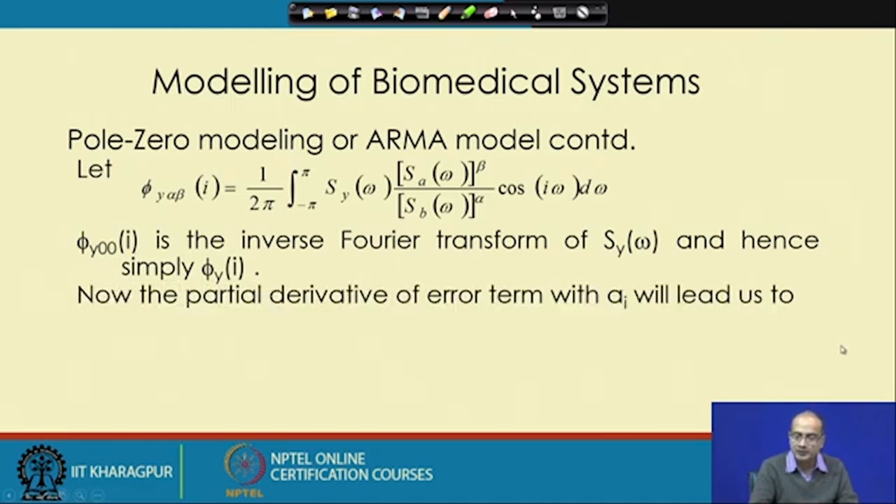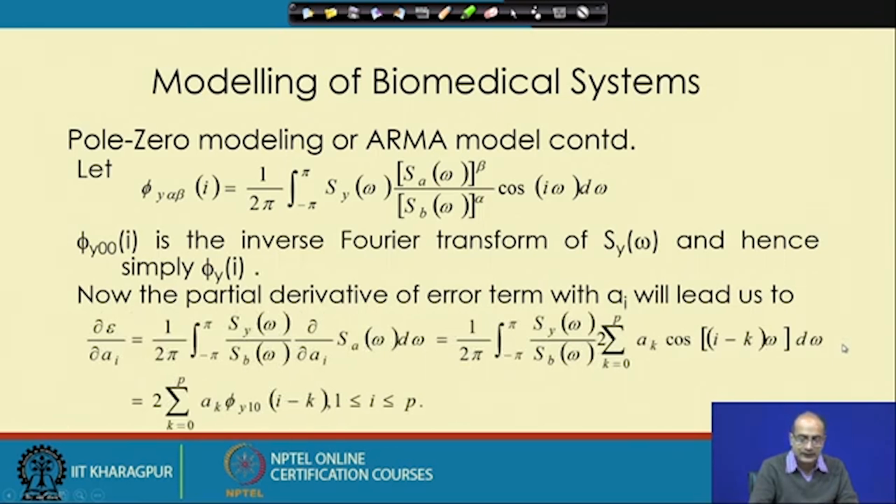Now, the partial derivative of the error term with respect to a_i, that is delta eta by delta a_i, will give us that the terms S_y and S_B do not have any term with a_i. So, the partial derivative is applied only to S_A.